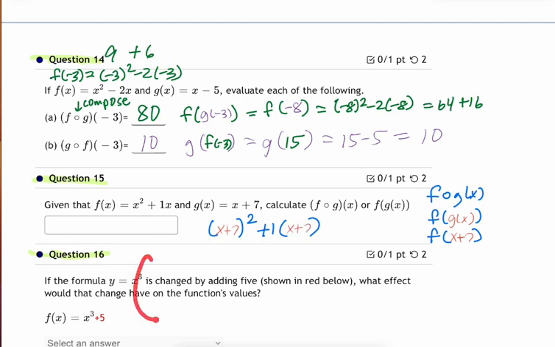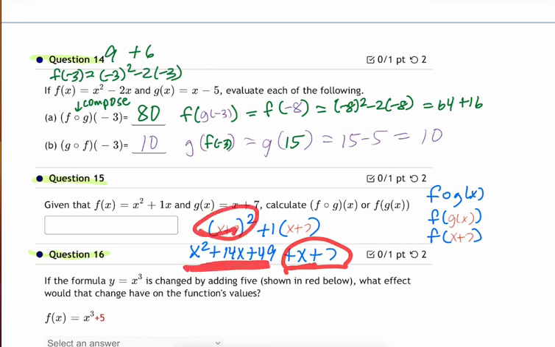We have to do x plus 7 times x plus 7. You have to FOIL that. You have to distribute that. Okay? So you're going to get x squared plus 7x gives you 14x plus 49 plus x plus 7. So you get a big long list of things. Now, if there was a number here, distribute it, but I distributed a 1, so that's why these didn't change. So that I FOILed, that just 1 times that.